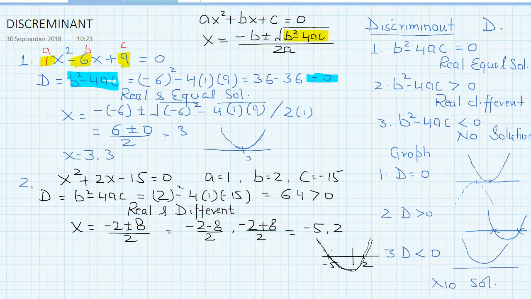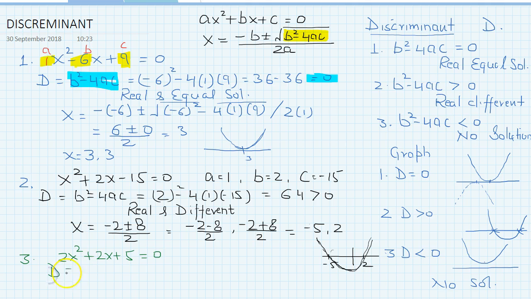Now number 3. Let me take an example where 2x square plus 2x plus 5 is equal to 0.